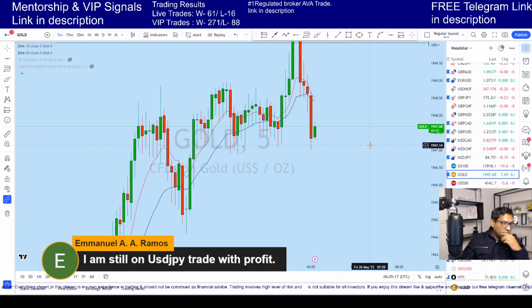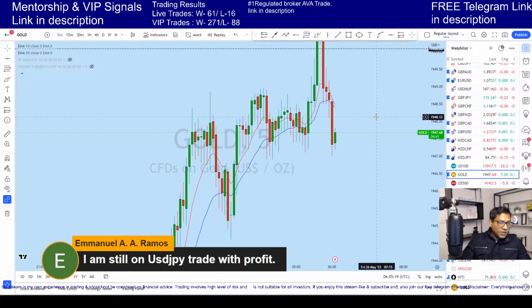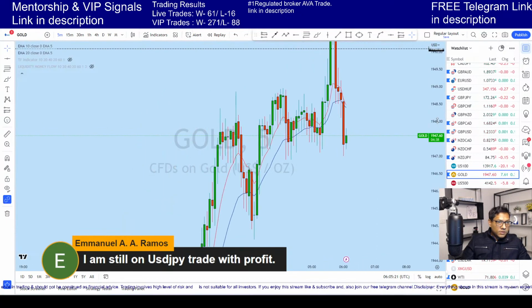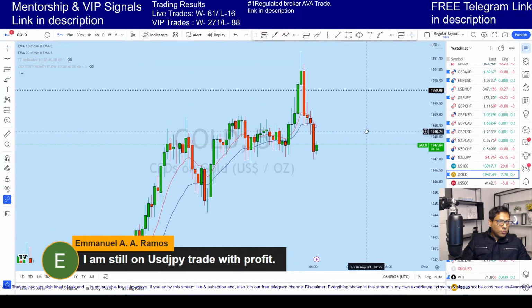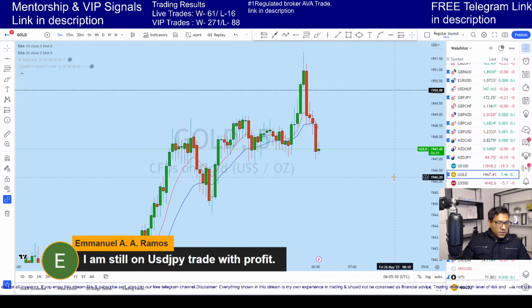So the price has broken this support level on the 5 minutes, and see what it is trying. It may even continue to drop. There is a liquidity gap here, and with that said, see how it is trying to do.